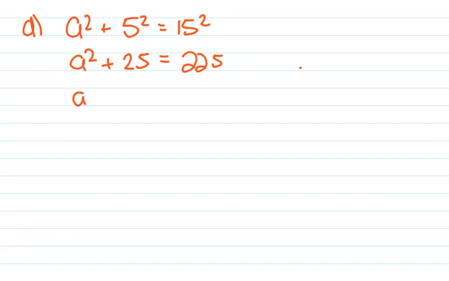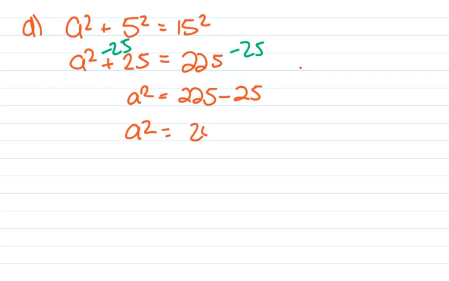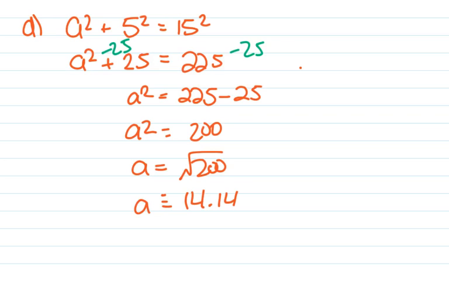I need to get A squared by itself, so I'm going to subtract 25 from both sides. 225 minus 25. A squared equals 200. Take the square root of both sides. The square root of 200 is approximately 14.14.